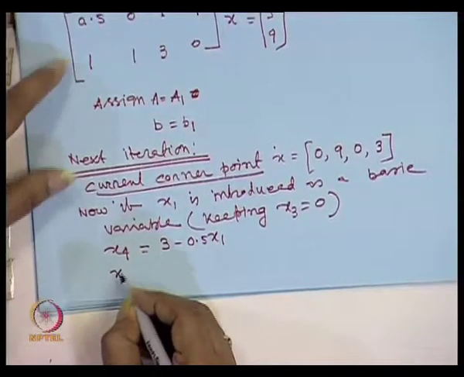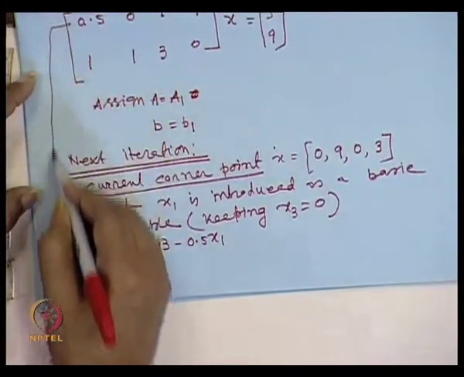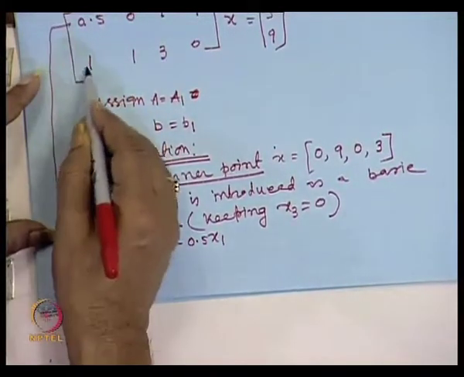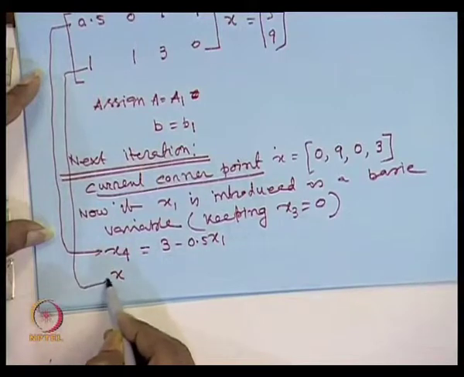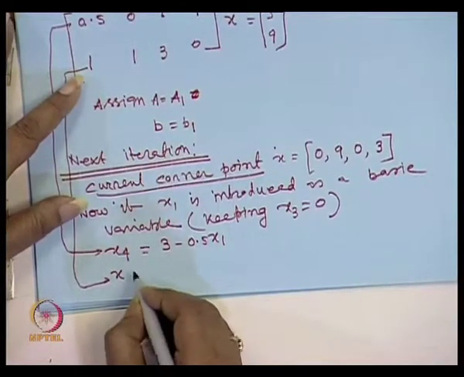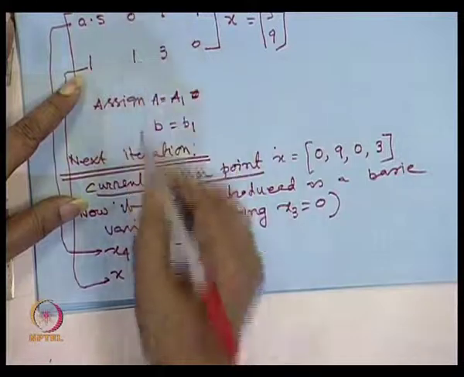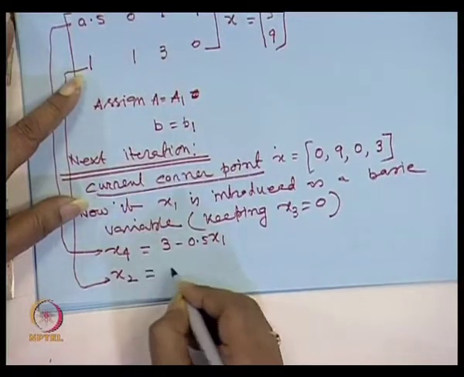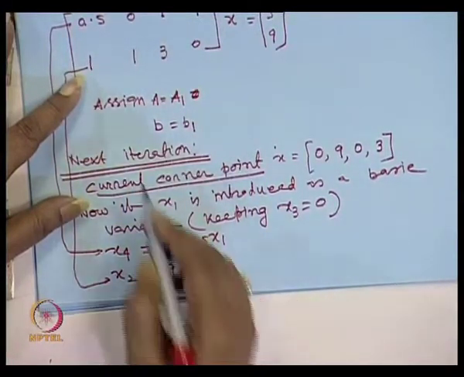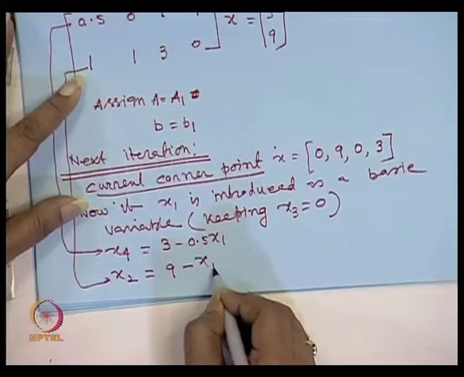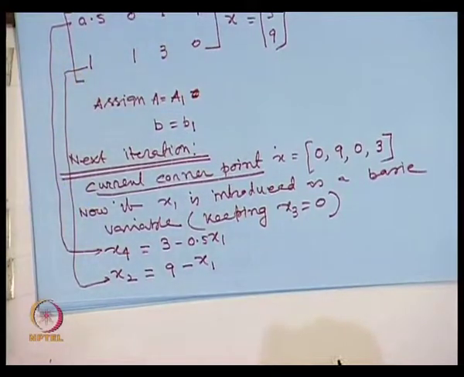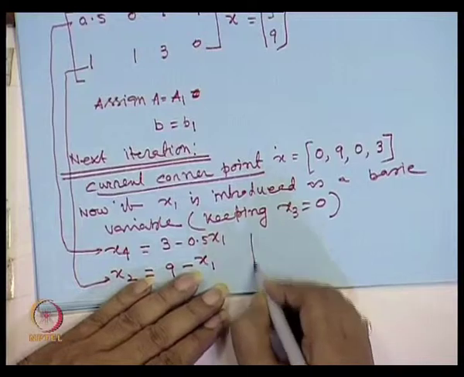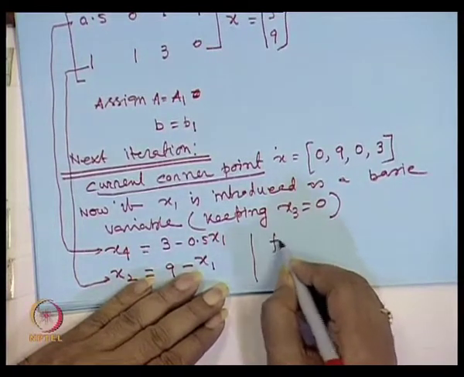Similarly, from the second equation, x 2 is your 9 minus x 1. Agree? Now, see our objective function f of x.